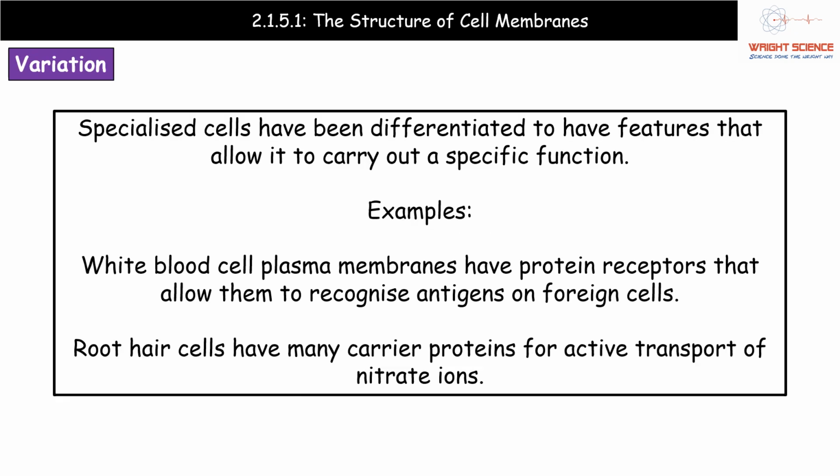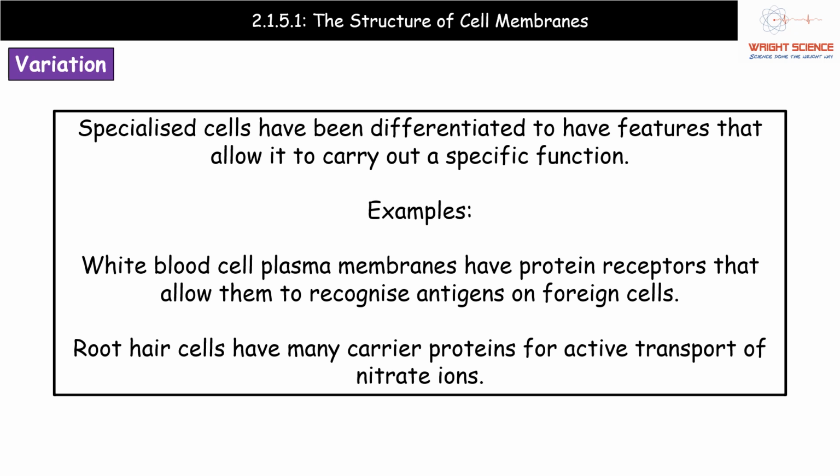It is worth bearing in mind that when we come down the route of these specialized cells, then they've differentiated to have features for a certain function. So a generic cell has certain features, but when we're undergoing that differentiation process, then clearly they've got a very specific role to carry out inside the organism.